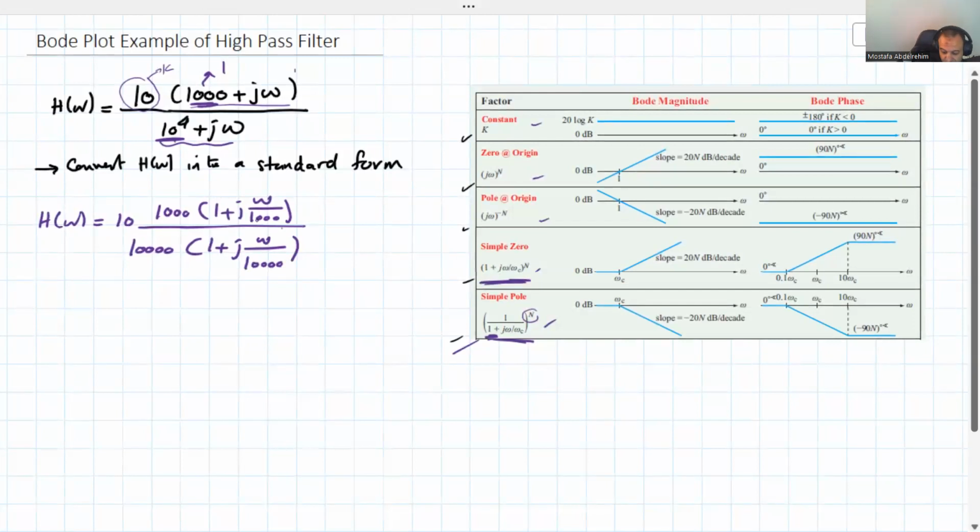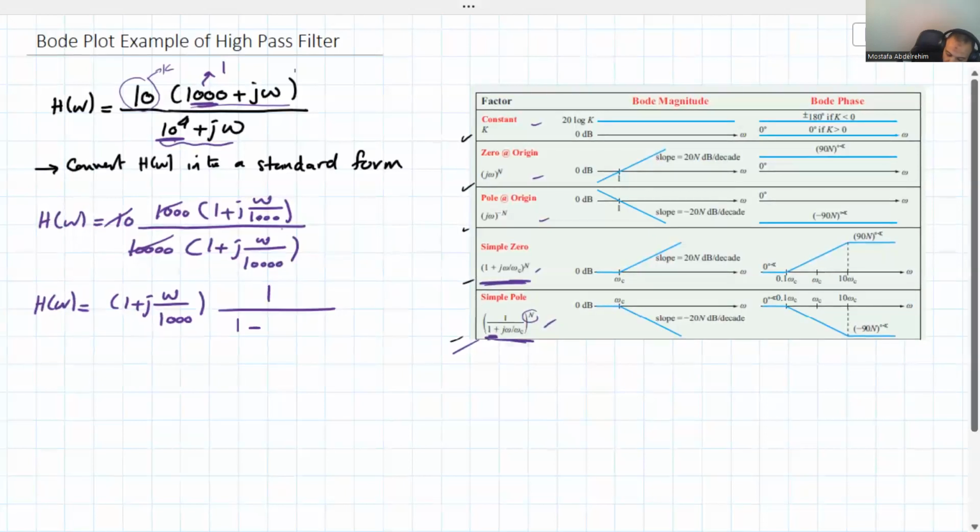Okay. Now, this guy will go with those guys, because 10 multiplied by 1000 is 10,000, so they're going to cancel each other. And we end up with two terms multiplied by each other or divided by each other: 1 plus j omega over 1000 multiplied by 1 over 1 plus j omega over 10,000.